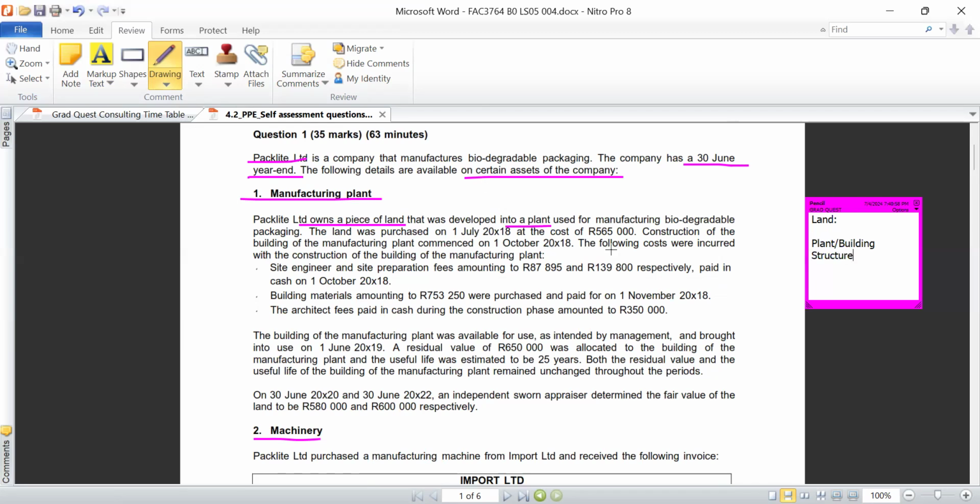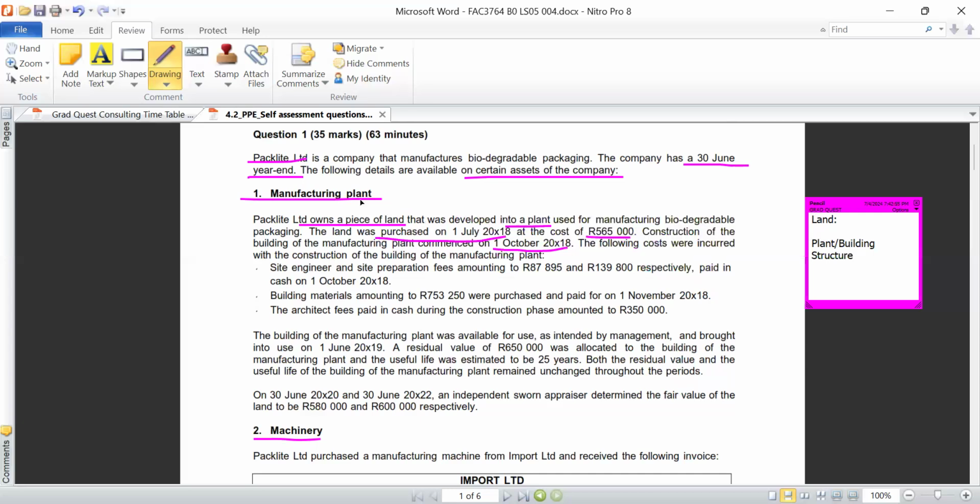Right. So, okay, the land was purchased on the 1st of July at a cost of 565,000. Construction of the building of the manufacturing plant commenced on the 1st of October 2018. Remember, I told you plant in this case is almost like the building structure which they are using to perform the production.